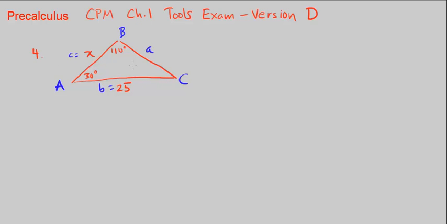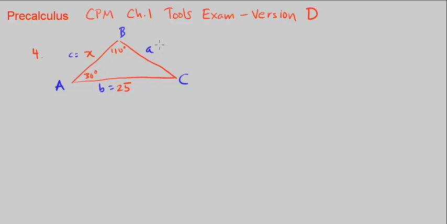Okay? So for the law of sines, we would need an angle and the opposite side. We have an angle and the opposite side here, right? We have angle B and little b. But we don't have angle C or little c, and we have angle A, but not little a.